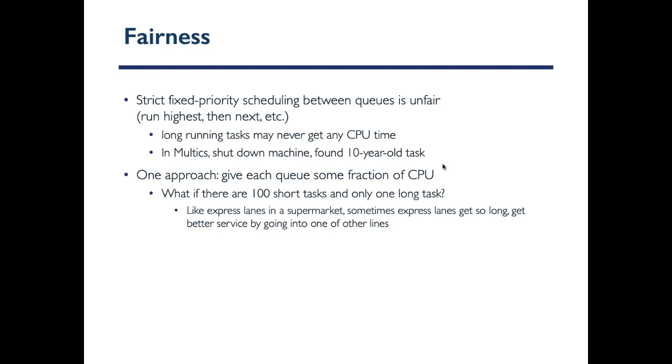Another approach to address starvation is, instead of just running all the high priority tasks and then moving on to the low priority queues, we can give the high priority queue more time, and after that time expires, we move on to the low priority queue and give it some time.